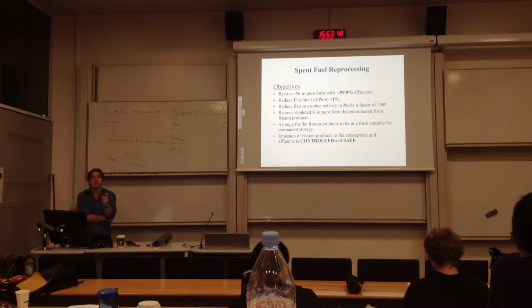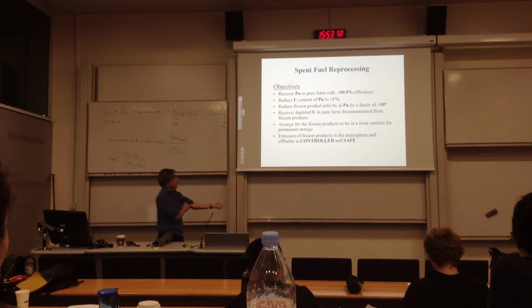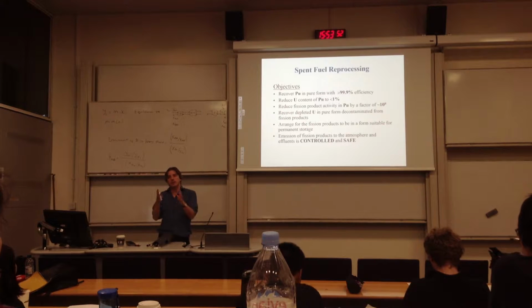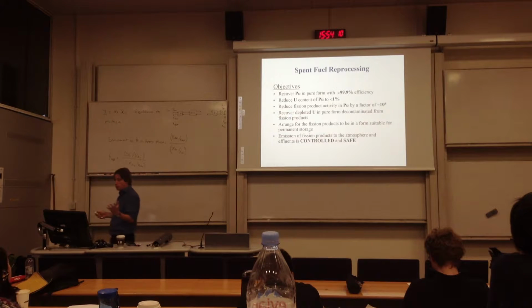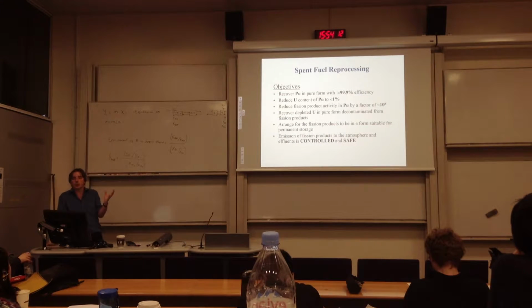Basically, the split is that most of the spent fuel, 90-something percent, will be uranium. You have an amount of plutonium, again, there is a range there. It's normally less than 1%, but it can go up to 1%.